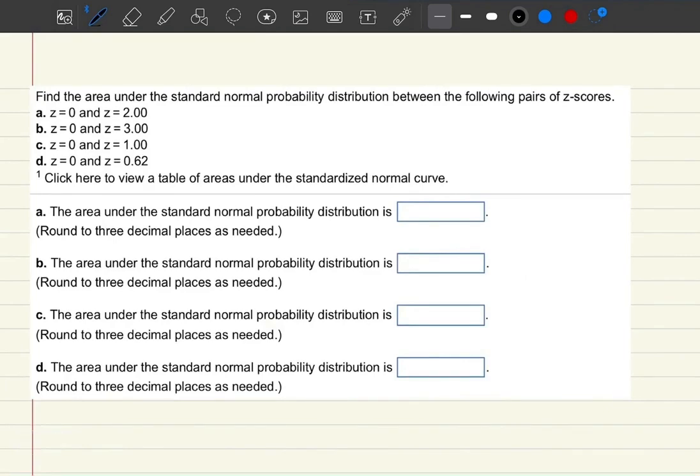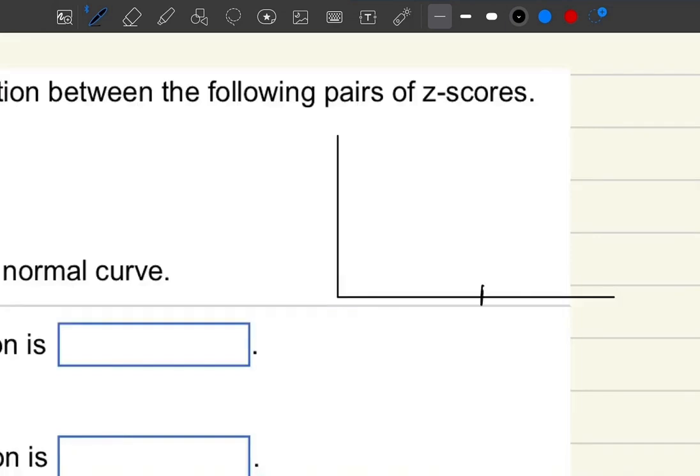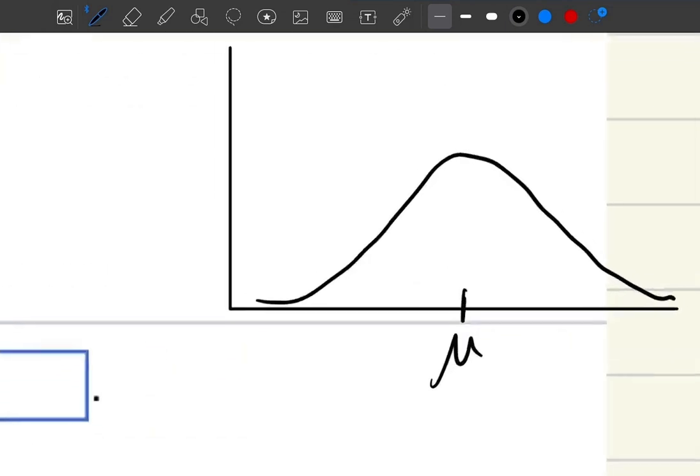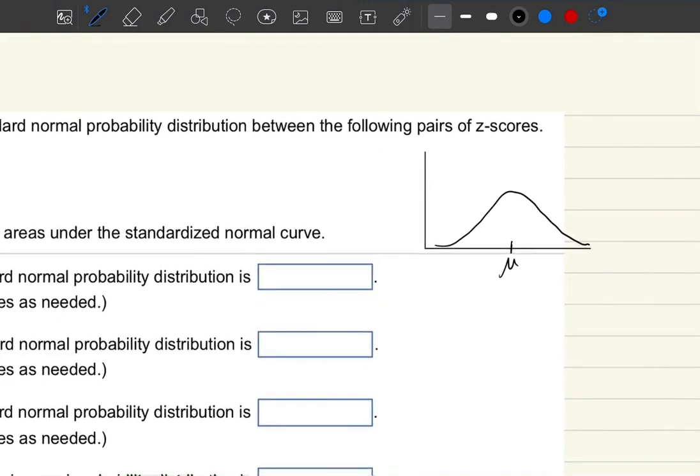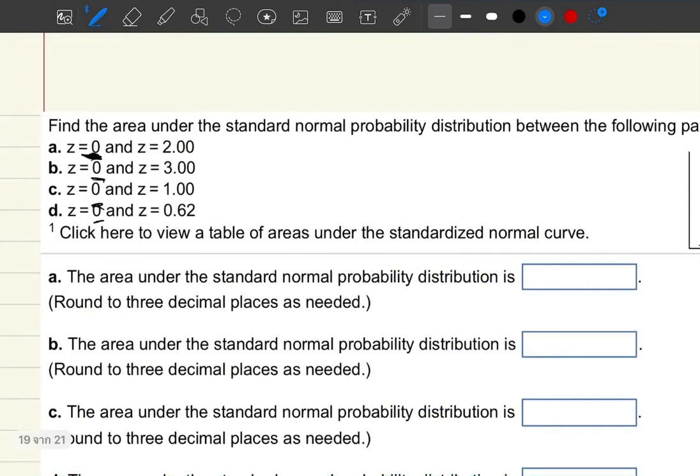So, from here, z-score is 0, which is at the middle of the curve, which is mu or mean. So we have to find from z equal to 0 to z equal to something over here. So let's start with the first one.